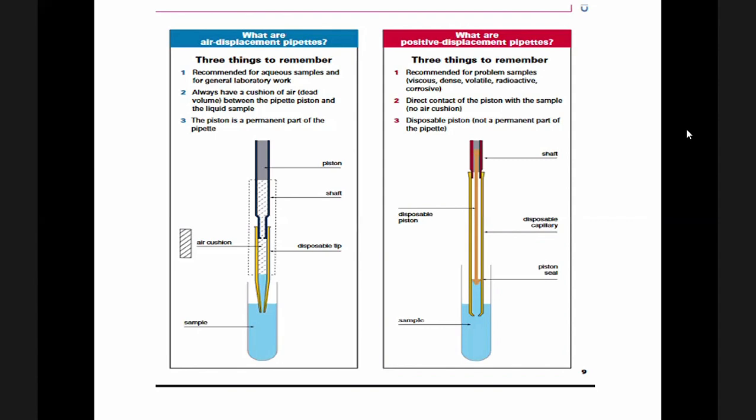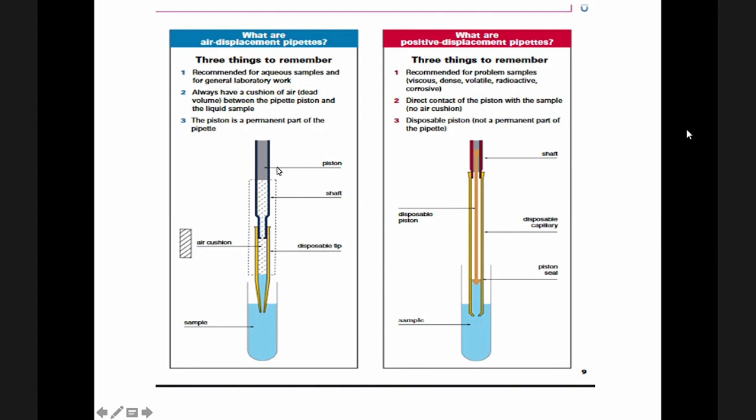Okay, so here are three things to remember for air displacement pipettes: recommended for aqueous samples and for general laboratory work, much cheaper than the positive displacement pipette, and there is always a cushion of air or dead volume between the pipette piston and the liquid sample. So you have the air cushion here. The piston is a permanent part of the pipette.